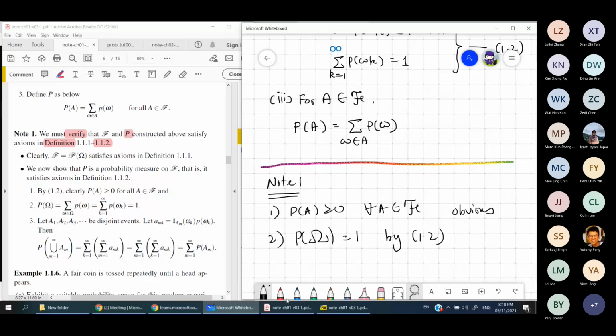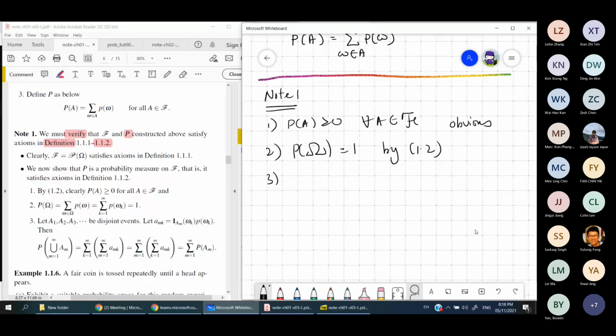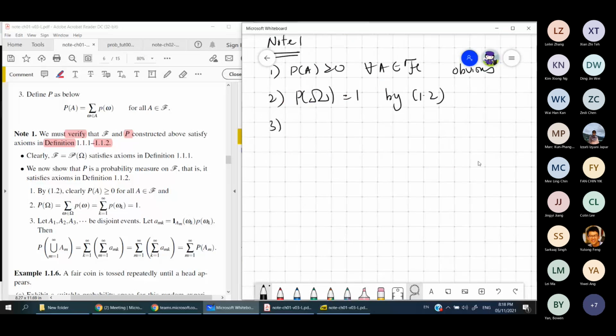We just look at number 3. We have disjoint events, so let's say we put it this way. Let's say A1 is omega 1,1, omega 1,2, omega 1,3, and so on. A2 is omega 2,1, omega 2,2, omega 2,3, and so on.